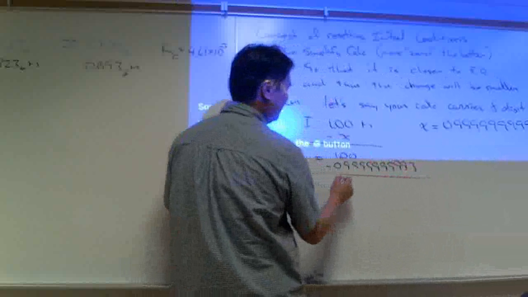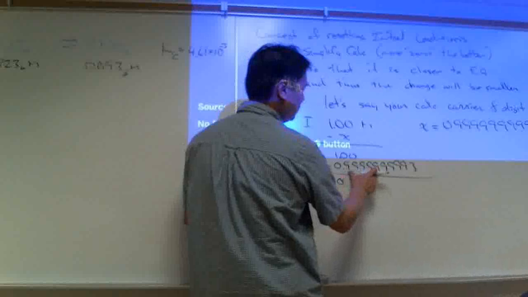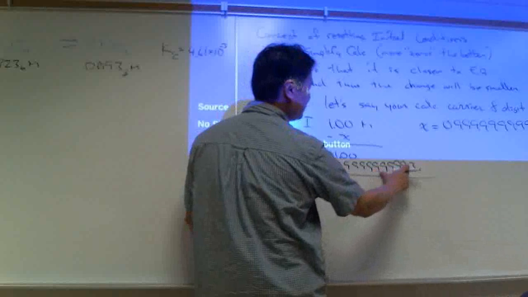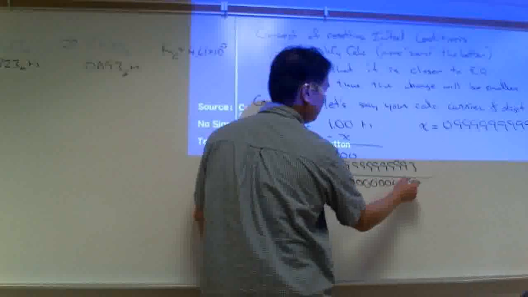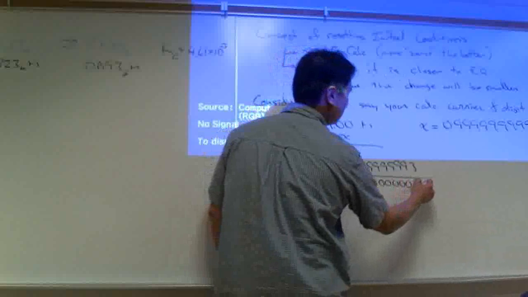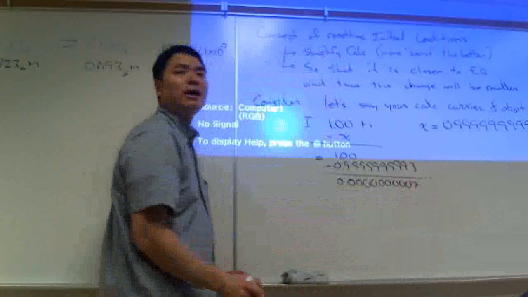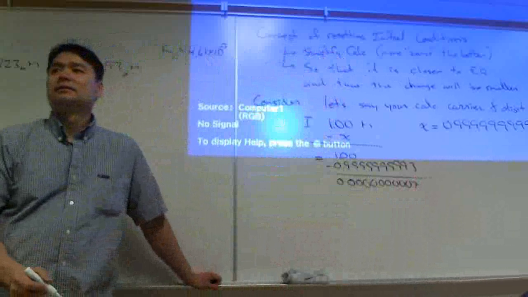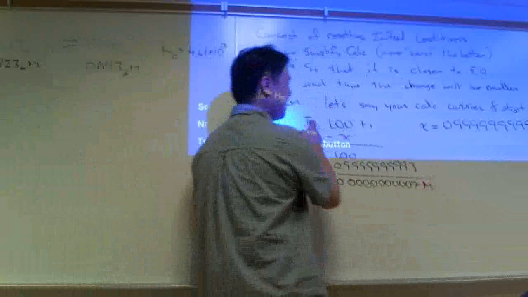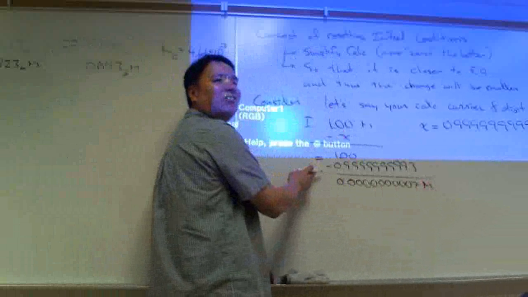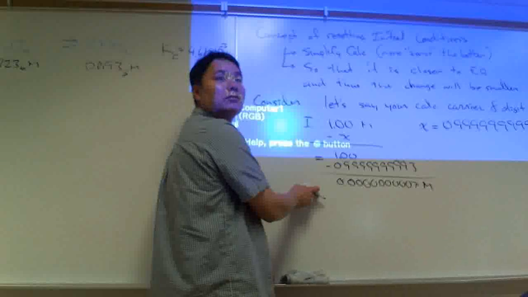And so I'm going to need 9 zeros: 1, 2, 3, 4, 5, 6, 7, 8, 9, and then a 7. All right? I pretty much reacted practically all of it, and I'm just left with a minuscule amount that's left over.